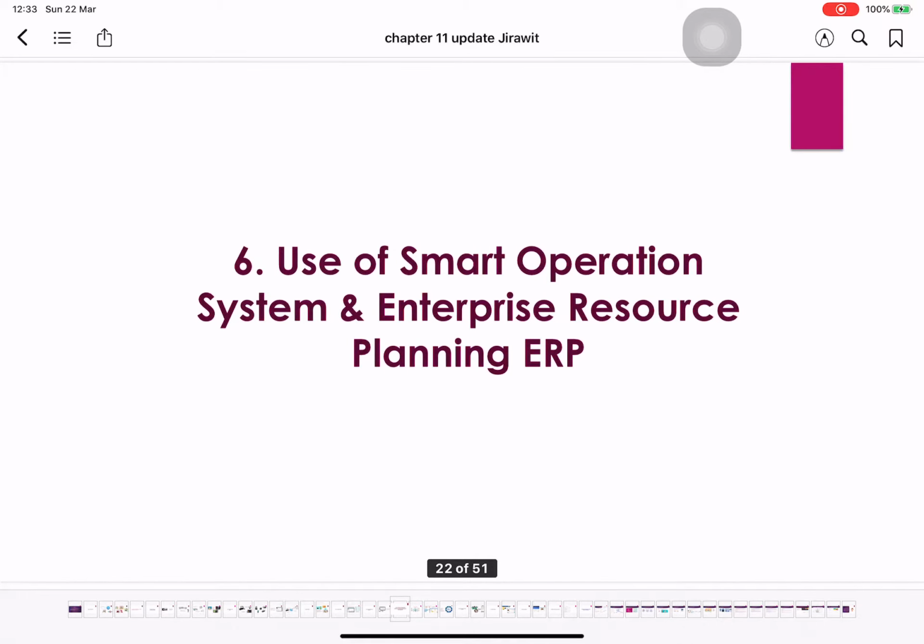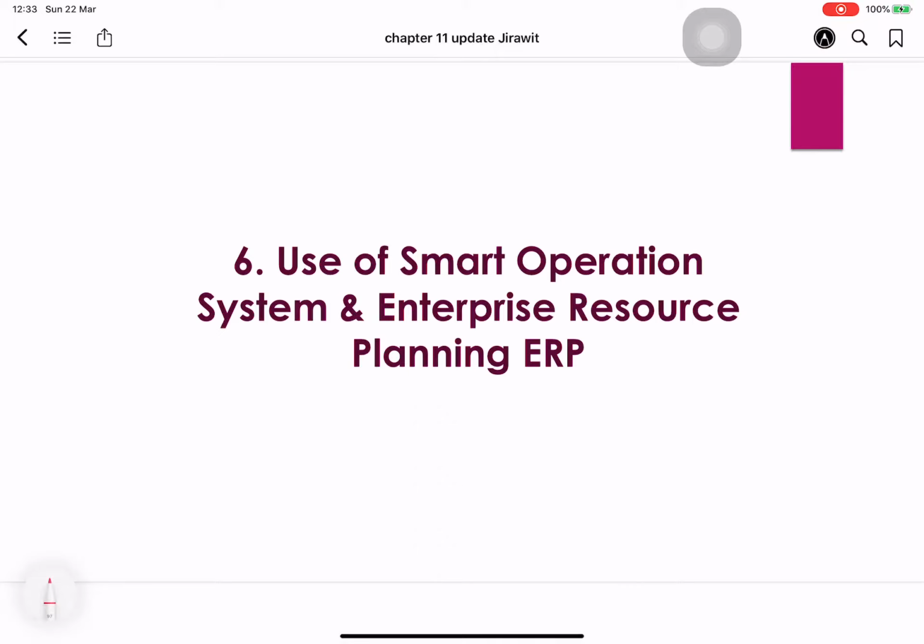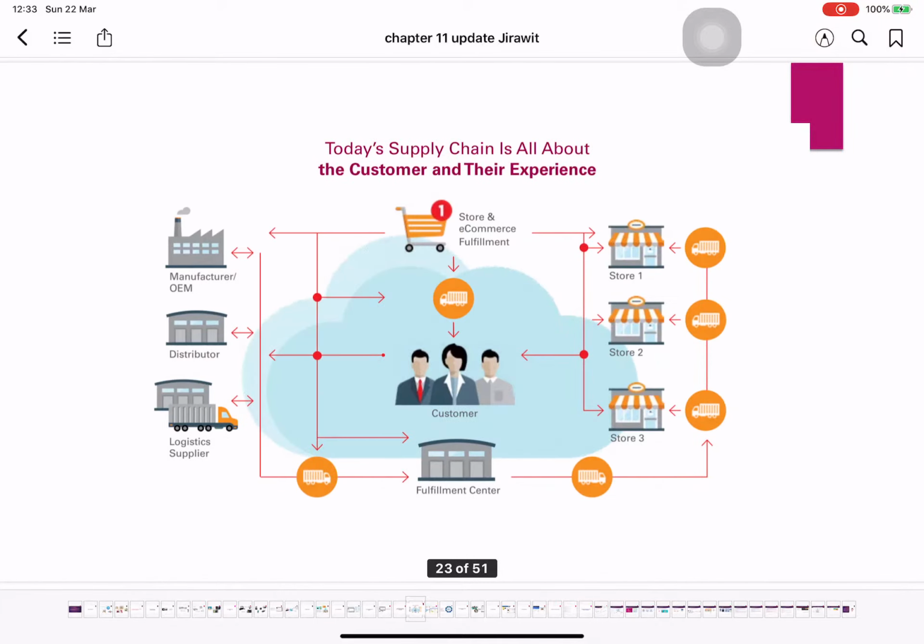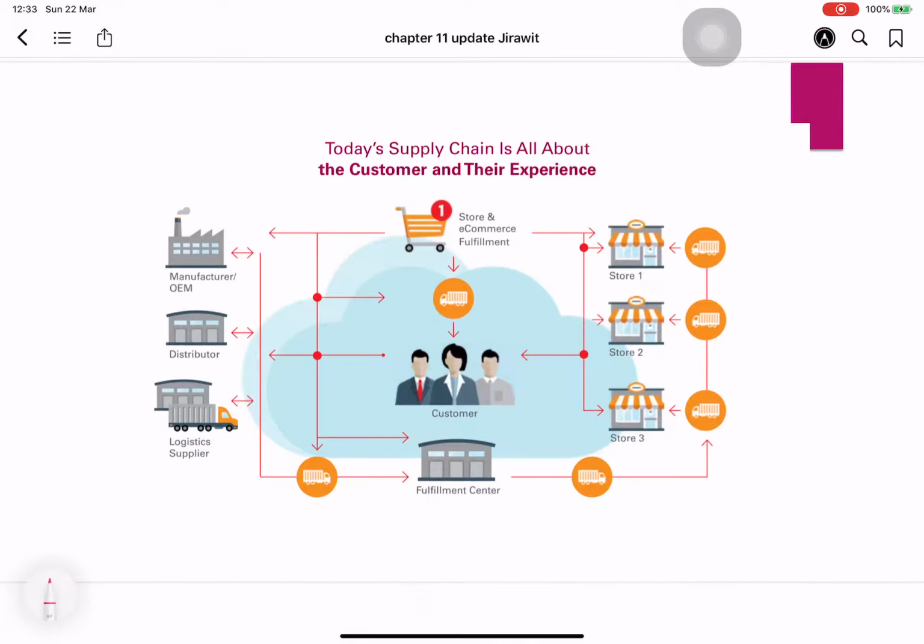Number 6 is you can use the IT of smart operation system and for the enterprise resource planning or ERP. This is an example of the diagram.